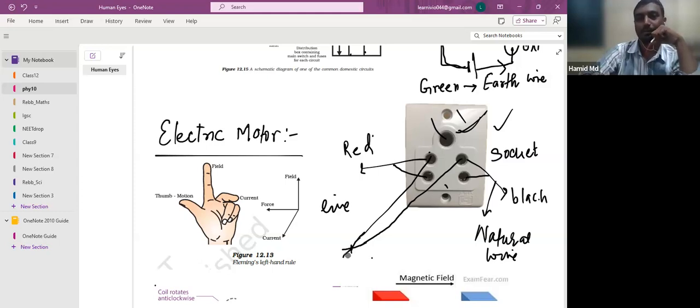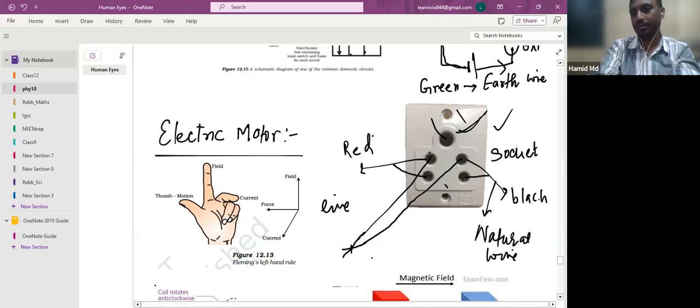What happens? Short circuit, with a spark. All your apparatus, you might have felt, gets switched off, right?